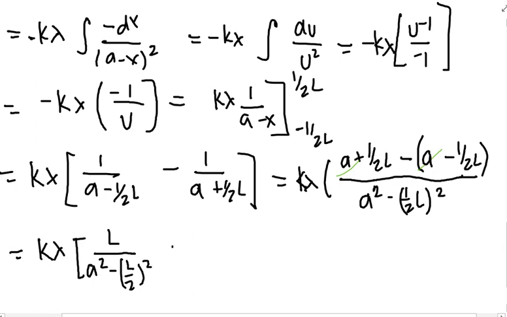So this is k lambda L, combined, all over a squared minus L over 2 squared.